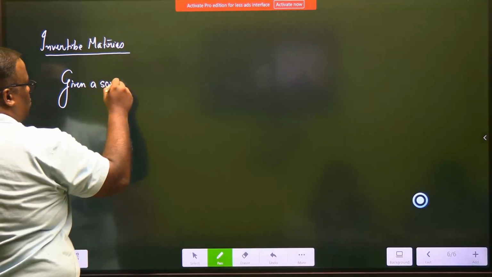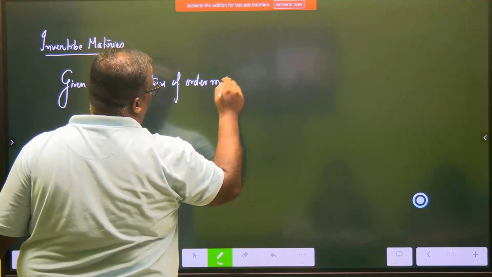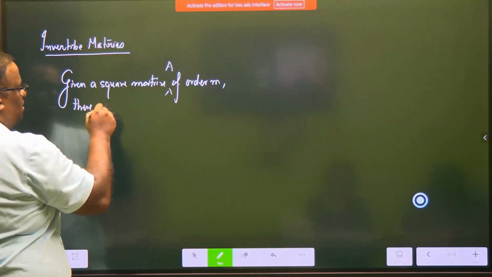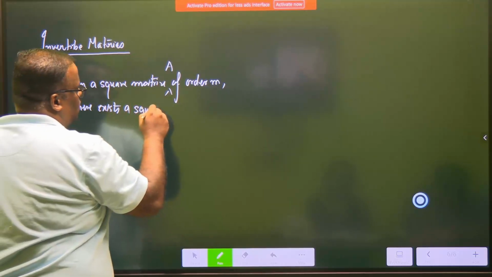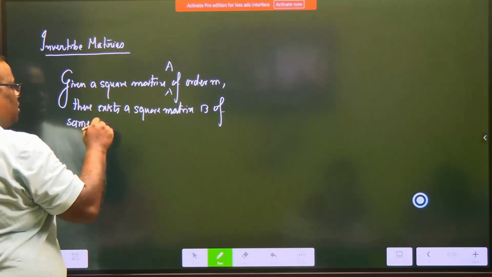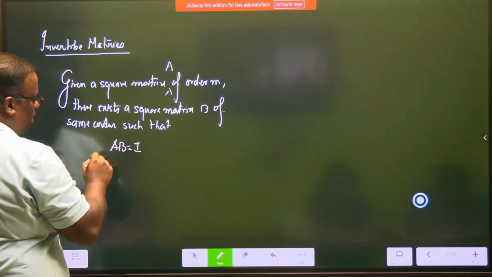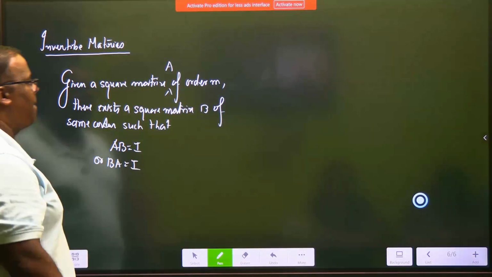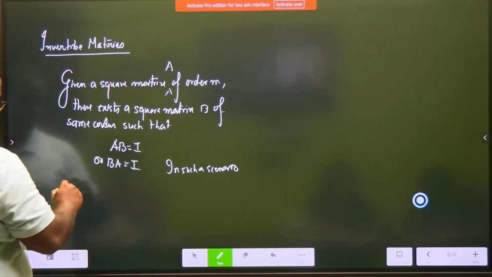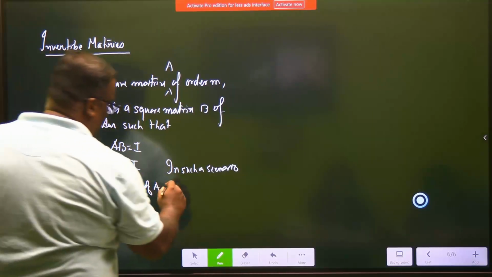Given a square matrix A of order M, there exists a square matrix B of the same order such that AB is equal to I, or BA is equal to I. In such a scenario, B is called the inverse of A and vice versa.